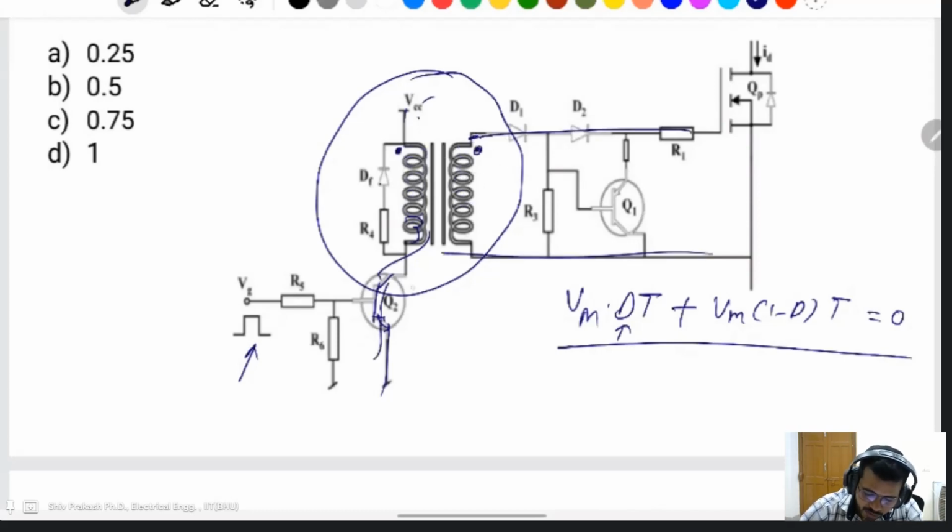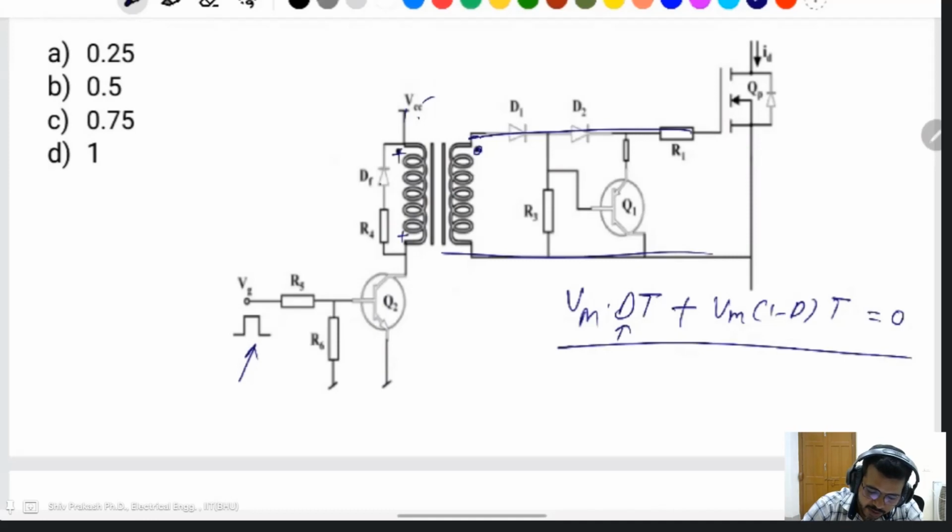But when the switch is off, then the dot polarity changes: plus is changed here. This will be plus, this will be minus. Then the remaining energy of the inductor will be discharged through the resistance and diode like that. This will be the off time.